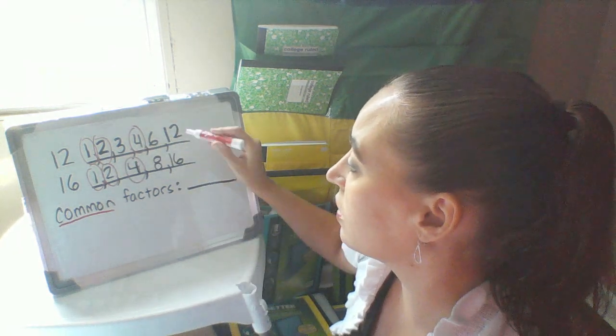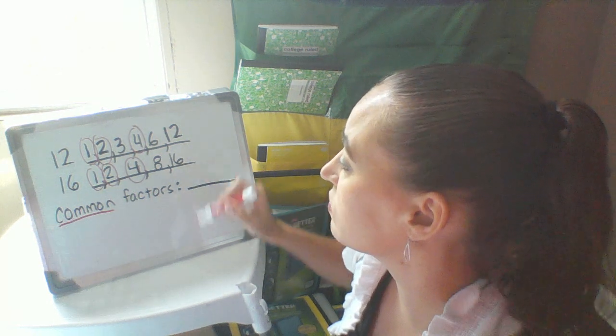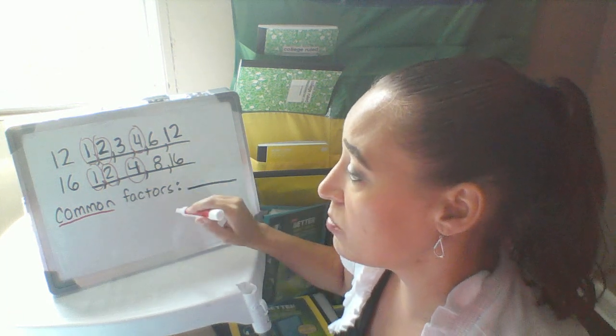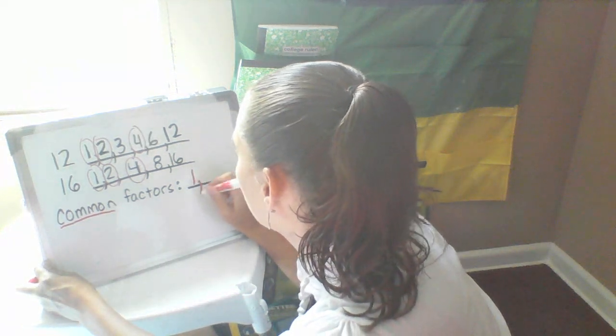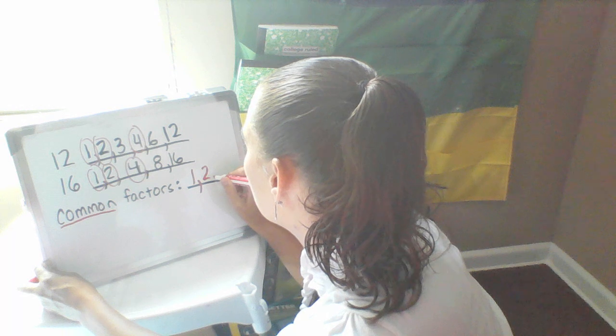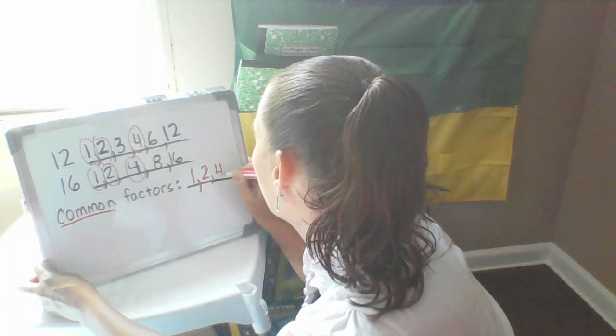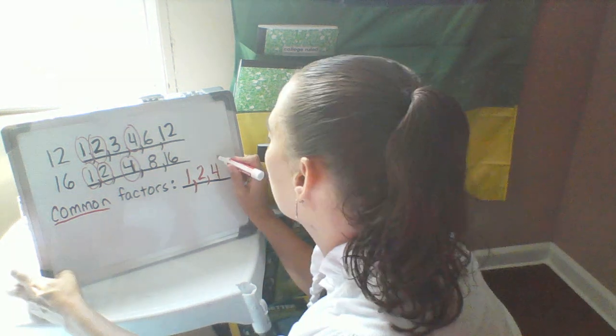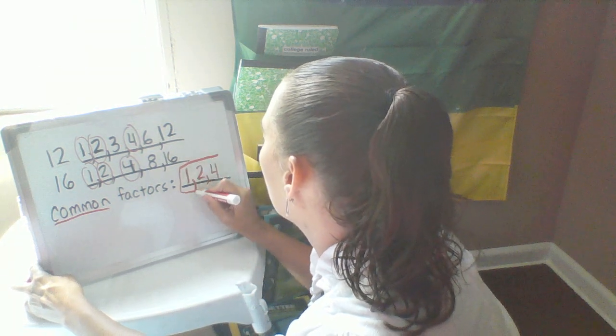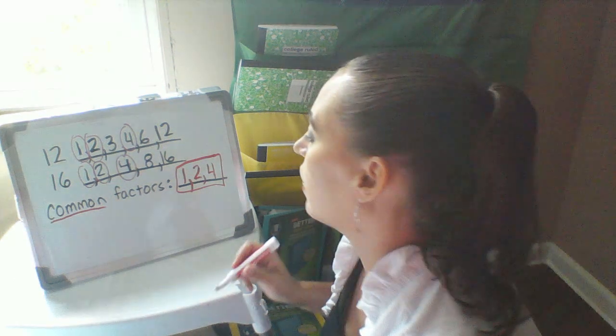This one doesn't have 8. This one doesn't have 12. This one doesn't have 16. So their common factors are 1, 2, and 4. That would be your final answer. They're your common factors.